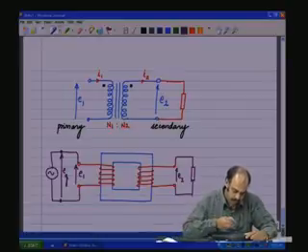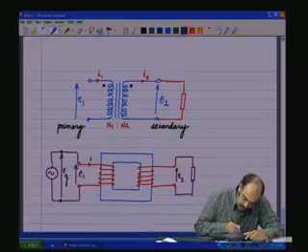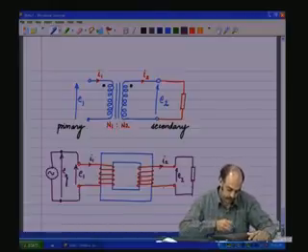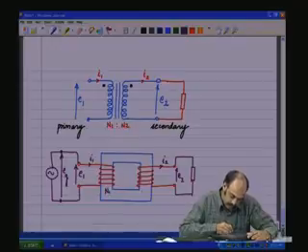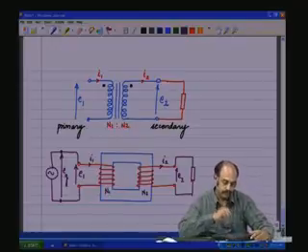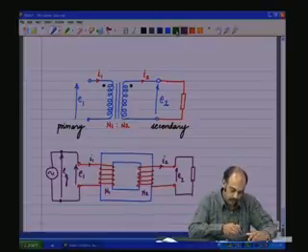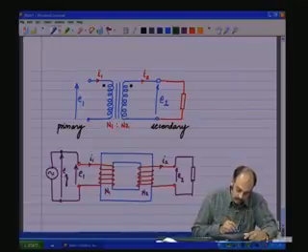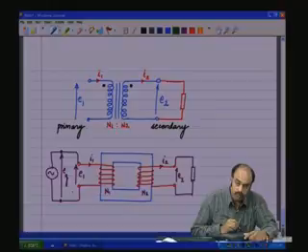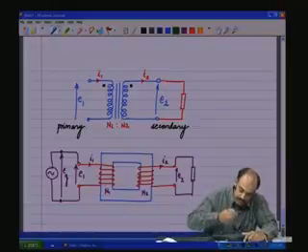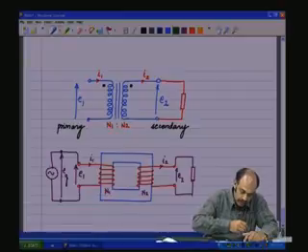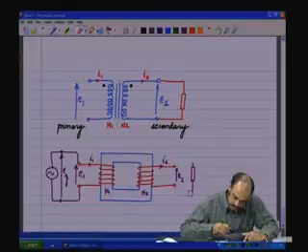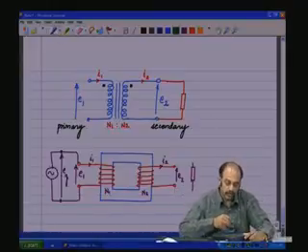Now, let us say there is an I1 and now there is an I2 flowing through the load. This has N1 number of turns and this has N2 number of turns. So, this current I1 flowing through N1, initially when the load was not there, let us say initially load was not there, this is open, which means I2 is 0.